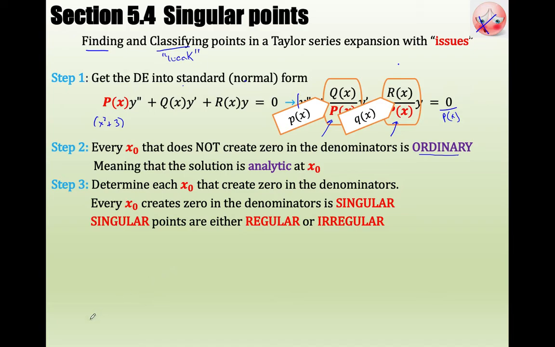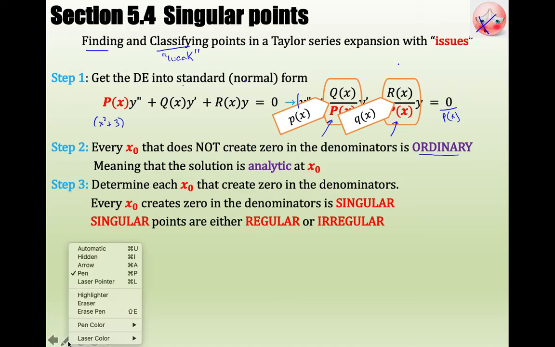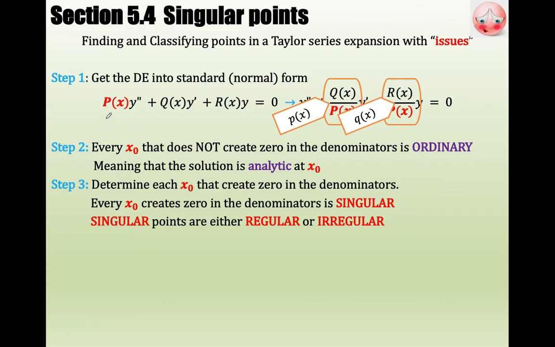However, if there are x values that do make P of x equal to 0, for instance, if P of x was x minus 3, then every x that does create 0 in the denominator of little p and little q, in other words, capital P, do you see why I don't like using little p and little q?